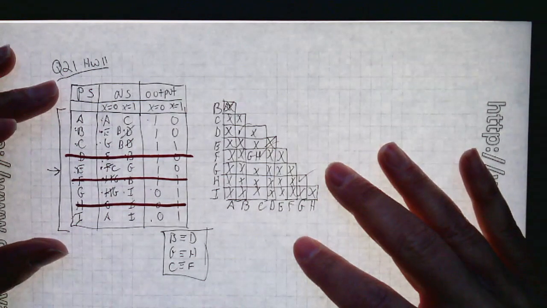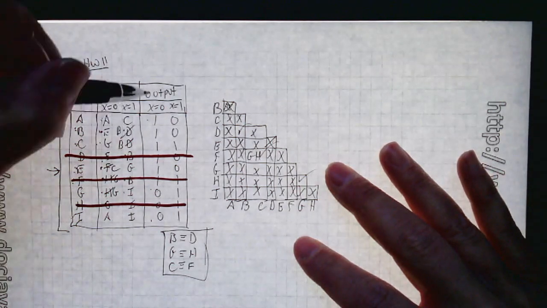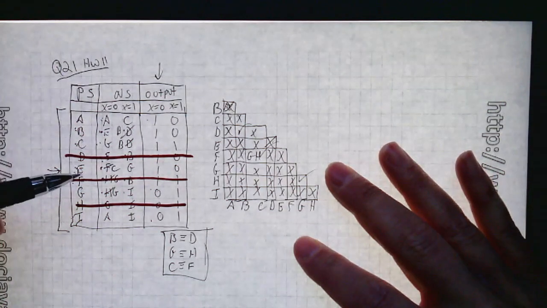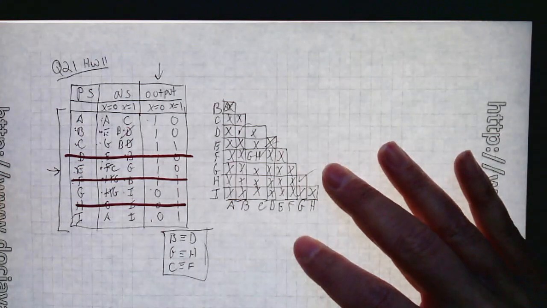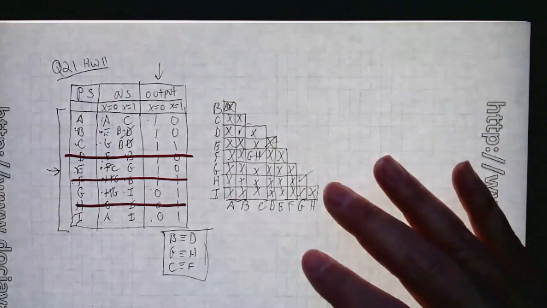Can you explain again how you get the output? This output here? That output comes from the finite state machine diagram.